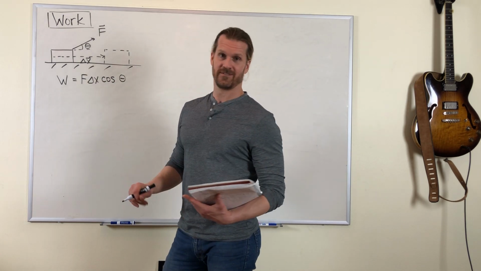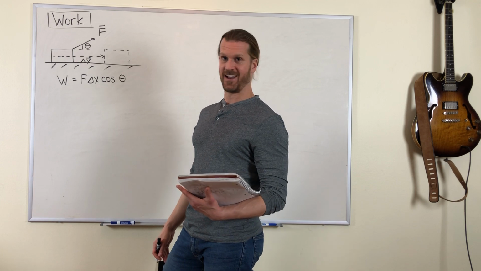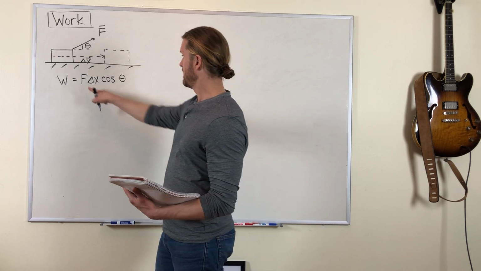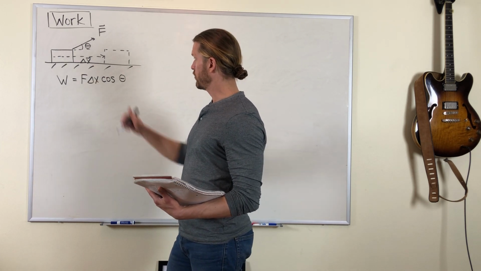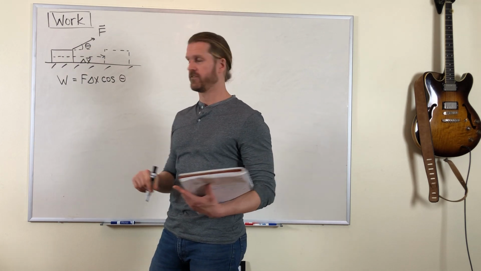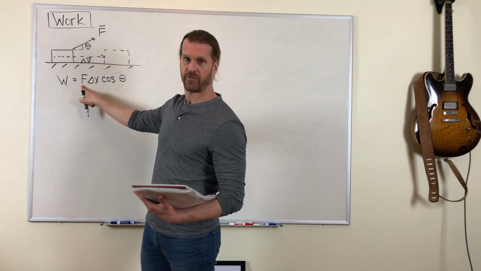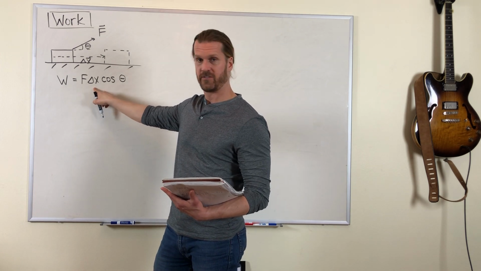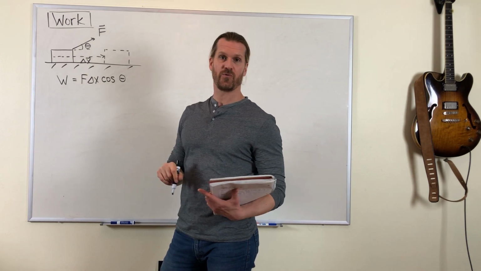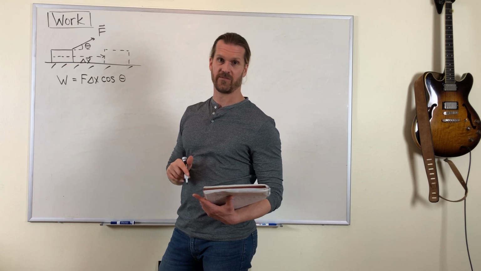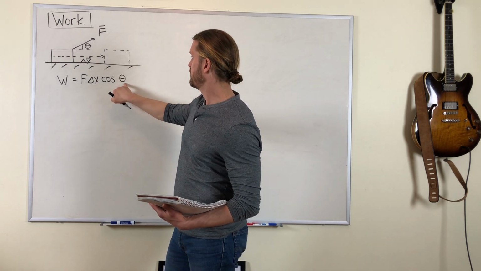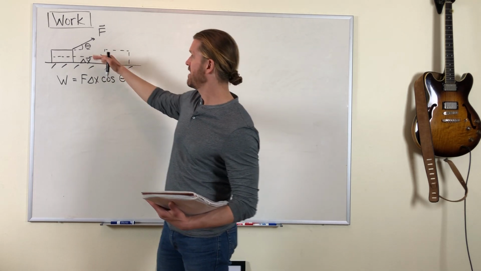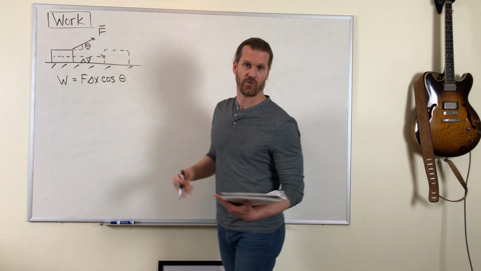So W now in Unit 5 represents work, and the work on this box equals the force applied to it times the distance it travels times the cosine of the angle between the force vector and the displacement vector. So let me point out that theta is not always measured from the horizontal.